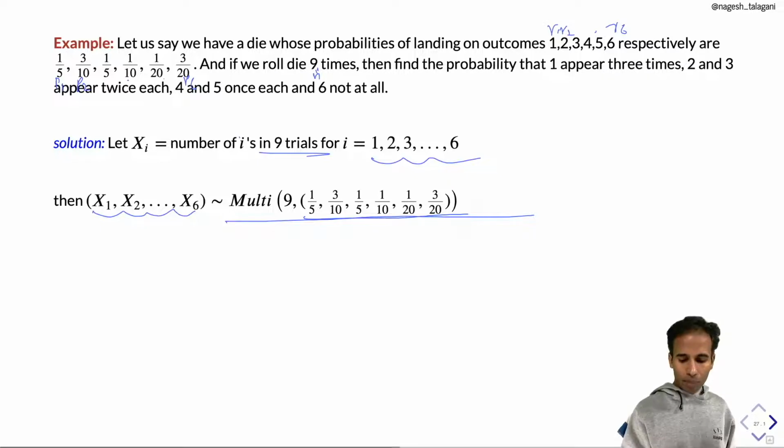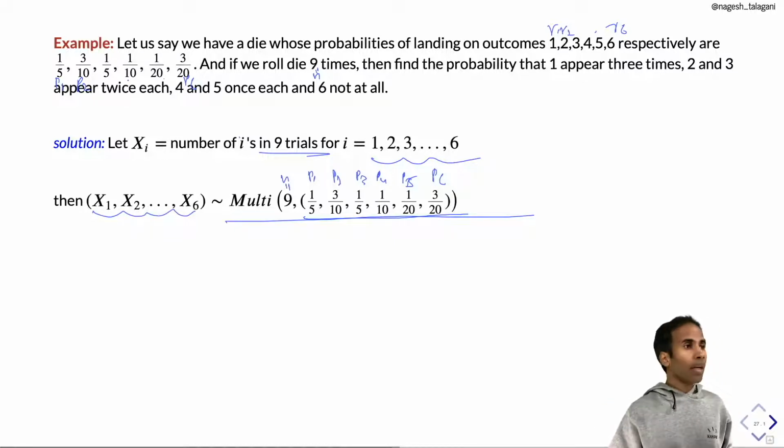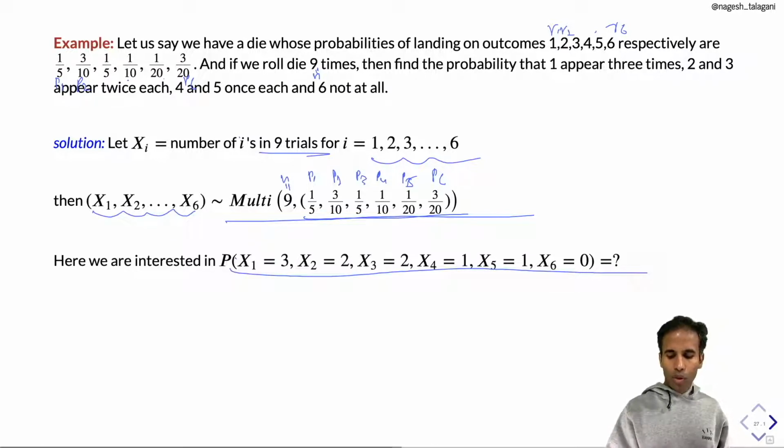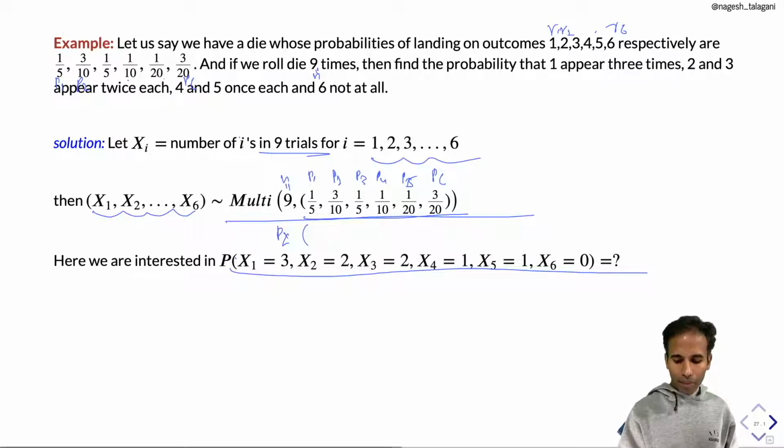These are P1, P2, P3, P4, P5, P6 and small n equals 9. Now we are interested in the probability of X1 equal to 3, X2 equal to 2, X3 equal to 2, X4 equal to 1, X5 equal to 1 and X6 equal to 0. That means the joint PMF value at 3, 2, 2, 1, 1, 0.